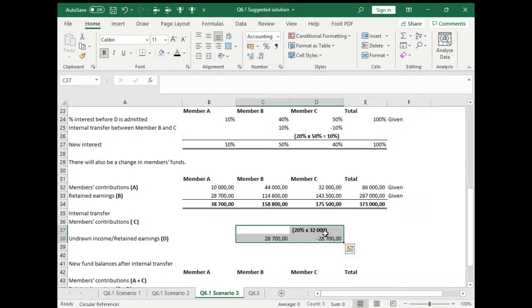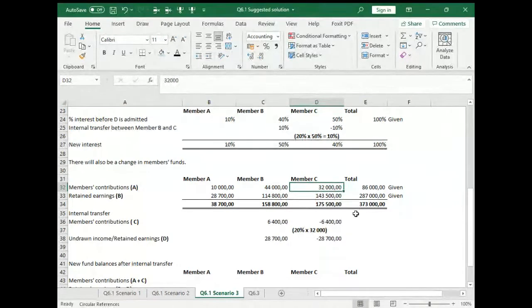This is the second trick that you need to look out for. Firstly, we dispose of our member contributions: whatever we have at the top, the capital, we give 20% of that away. And with retained earnings, we do the same, 20% of the retained earnings we had at that stage.